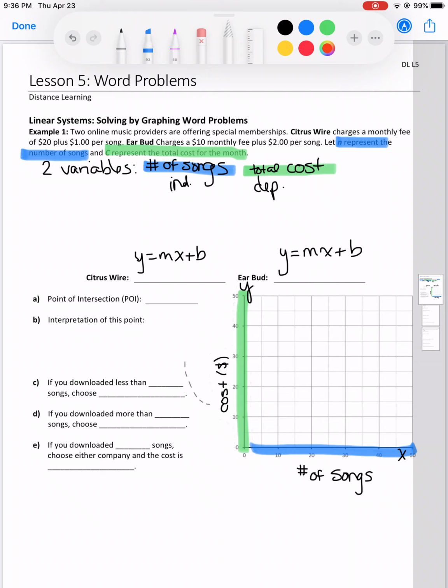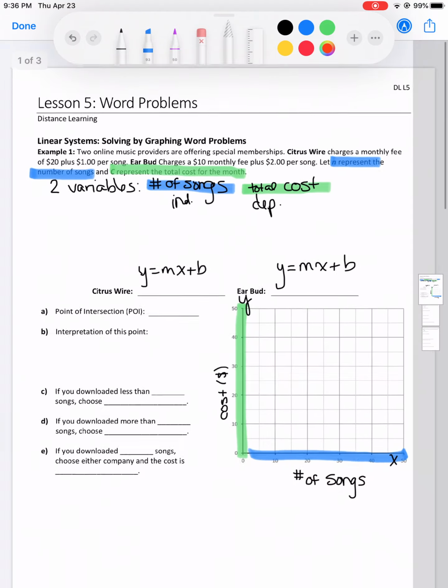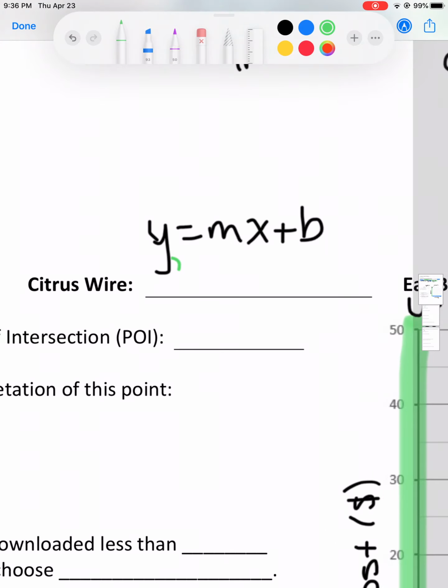So C is my Y. Cost represents my Y. So guess what I'm going to do? I'm going to put C in for my Y. I'm going to keep it green, actually. Let's do that. C.